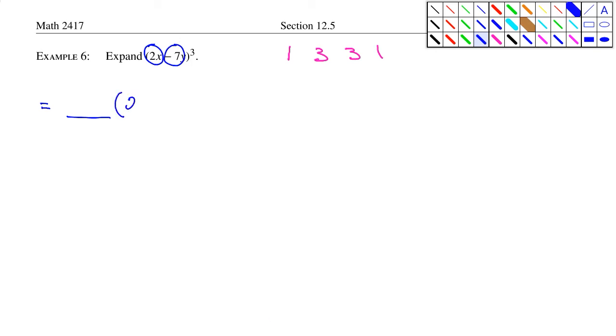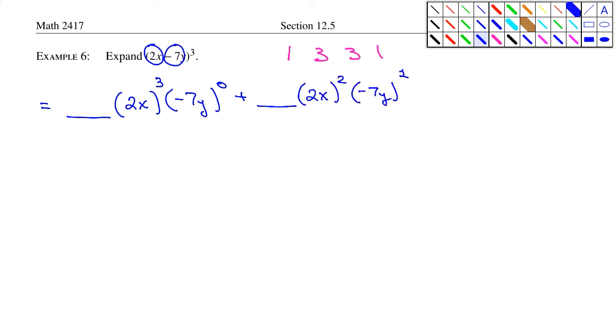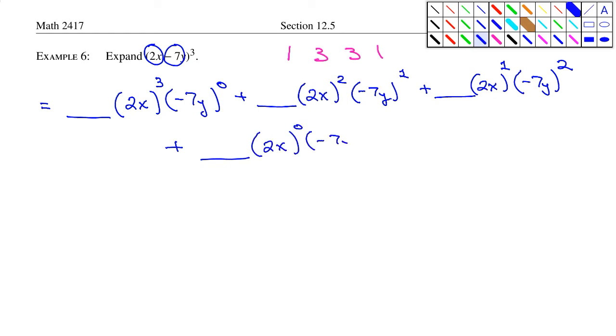So this is going to be 2x cubed, -7y to the 0, plus blank, 2x squared times negative 7y to the first, plus blank 2x to the first times negative 7y squared, plus blank 2x to the 0 times negative 7y cubed.